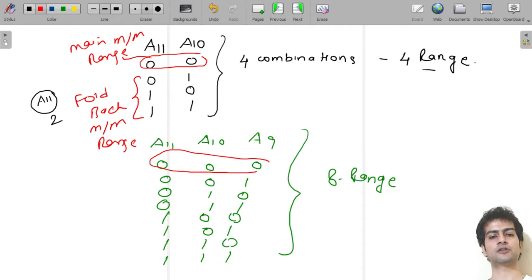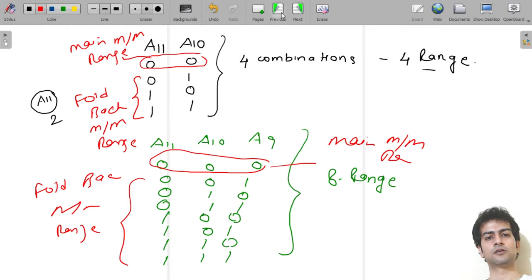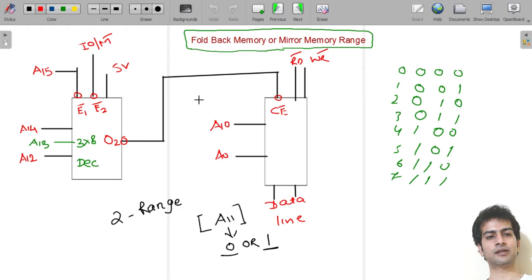Similarly here, the first one we will call the main memory range, and this we will call the foldback memory range. So I think now it is clear.